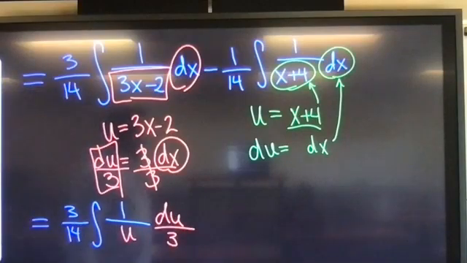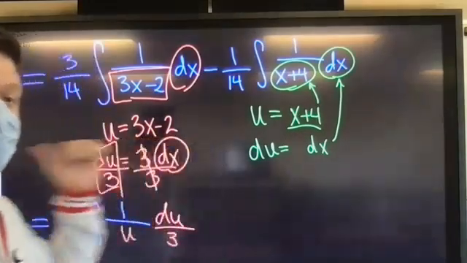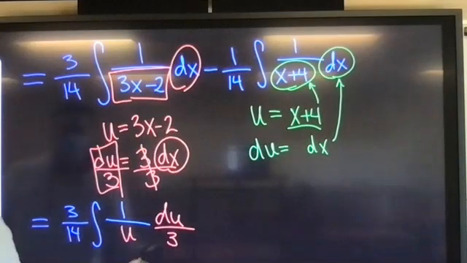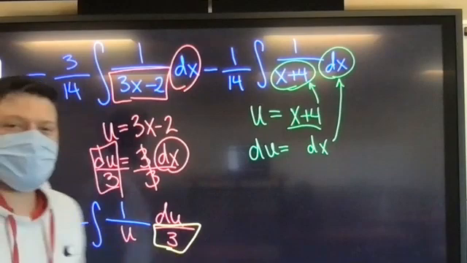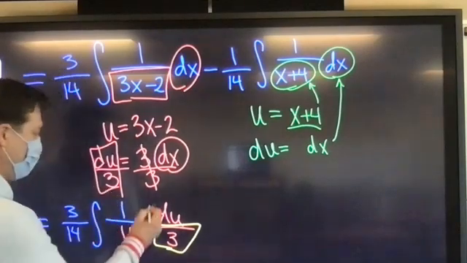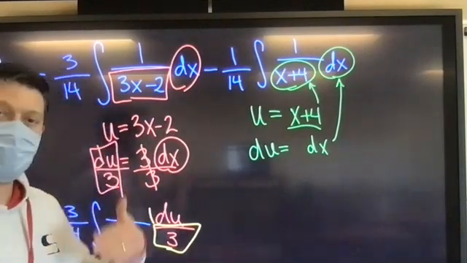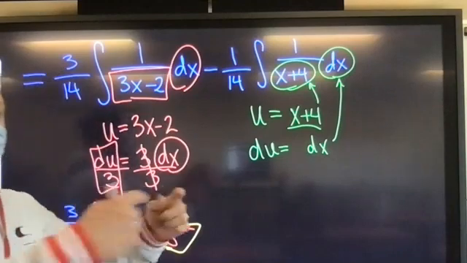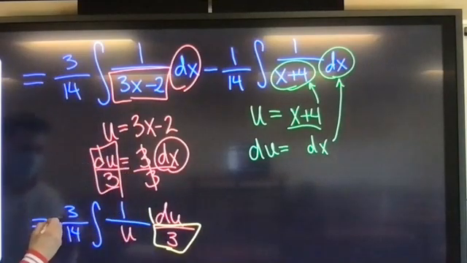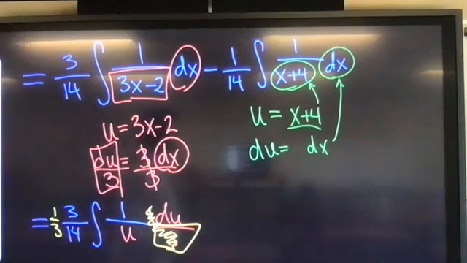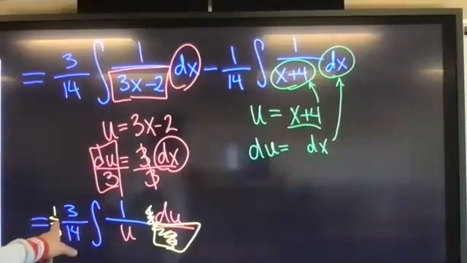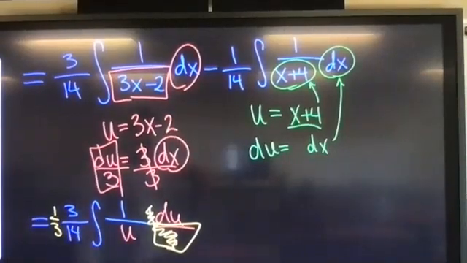And what we do with the over 3 is we travel it all the way to the front. We're going to travel because it's really the fraction 1/3. So that 1 over 3 being a value is going to move all the way out to right there. And then I'm just going to cross it. It's going to cancel out. So the constant has been pushed all the way out in front of the integral.